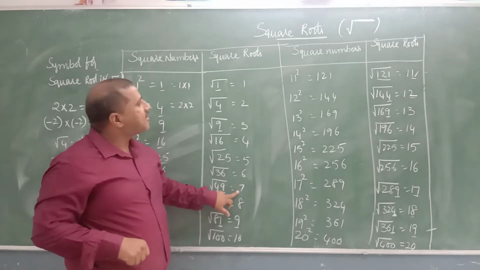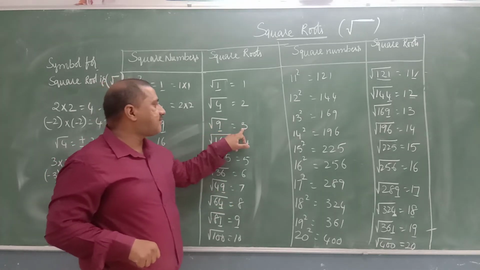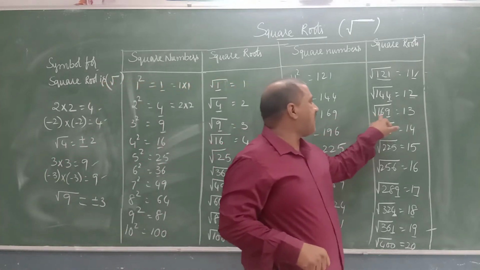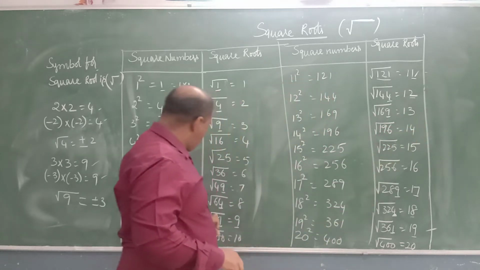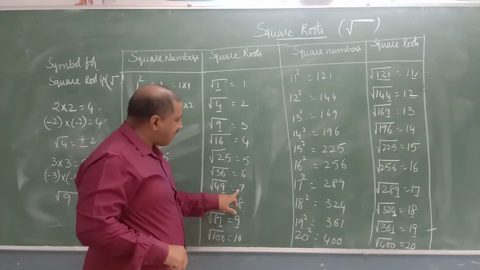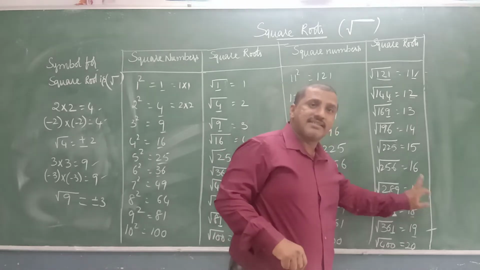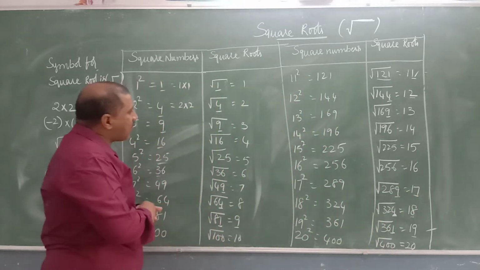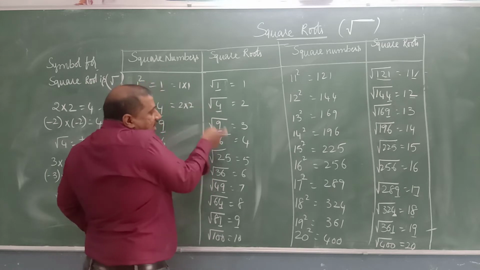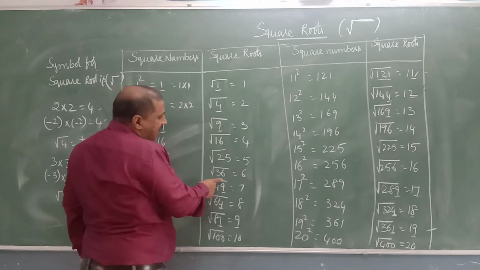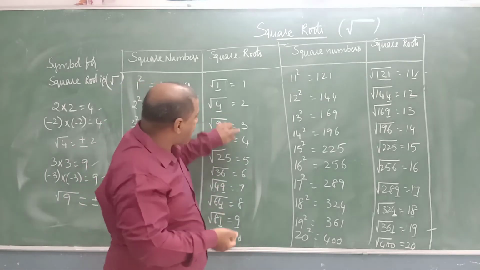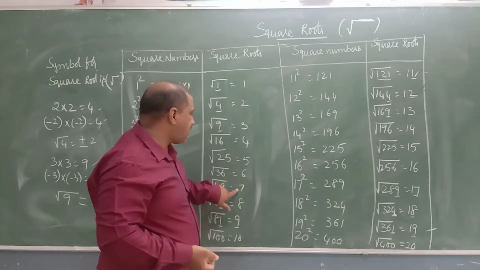That is root 9 is 3, root 169 is 13, again 3. Root 49 is 7, root 289 is 17, again 7. So the squares which are ending with the digit 9, their square roots will end with either 3 or 7.